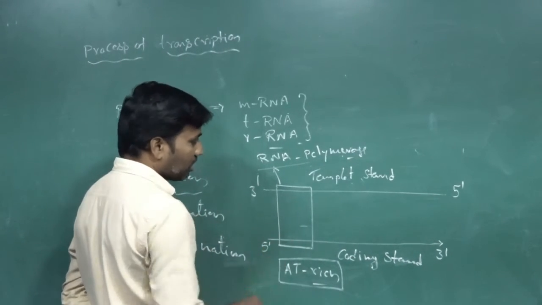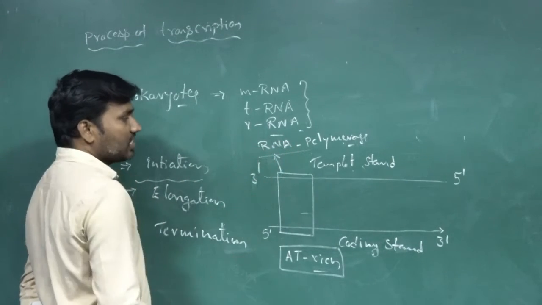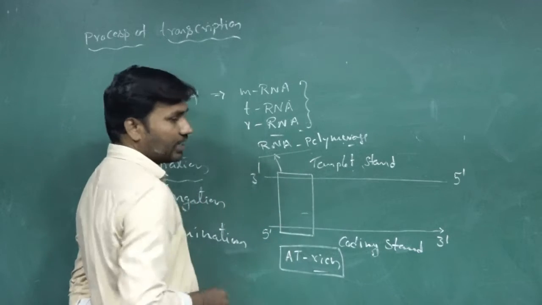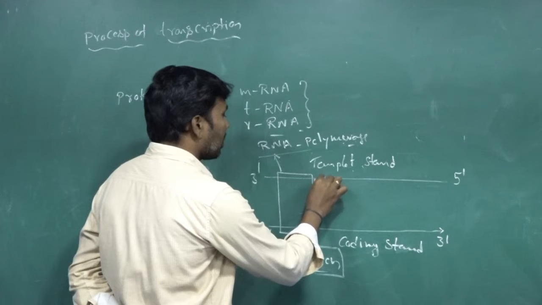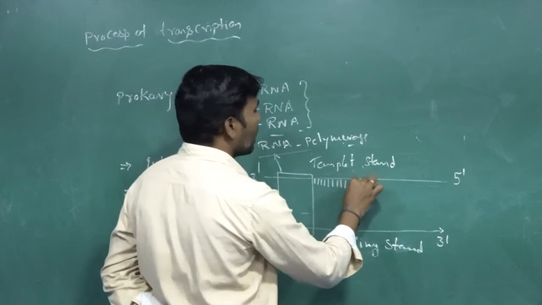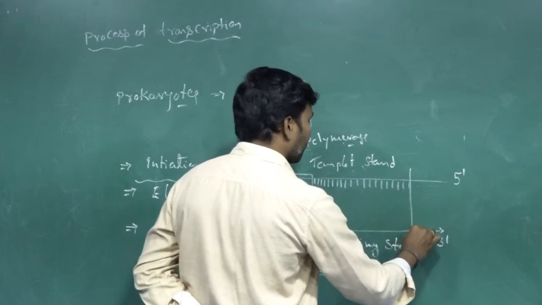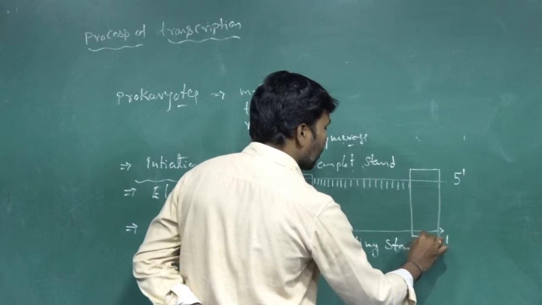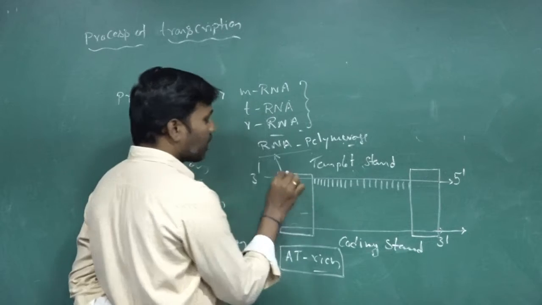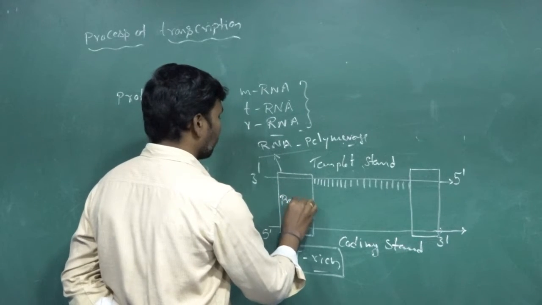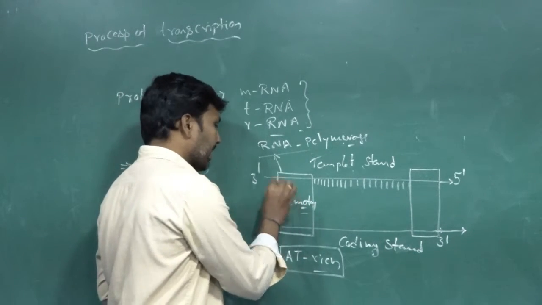At the region of the TATA box or the Pribnow box, the RNA polymerase first binds. This region, where it binds, is called the promoter region. So first initially the promoter region. This is a promoter. In the promoter region, RNA polymerase is binding.